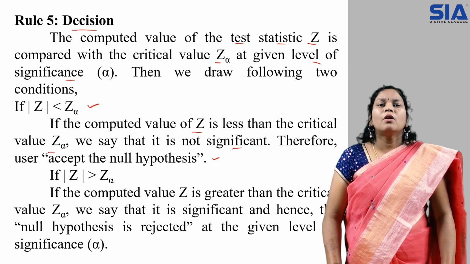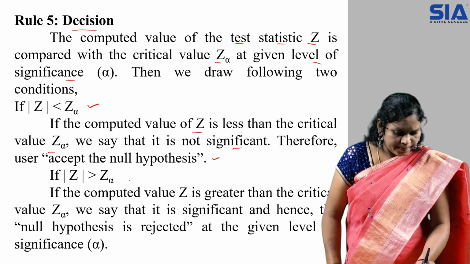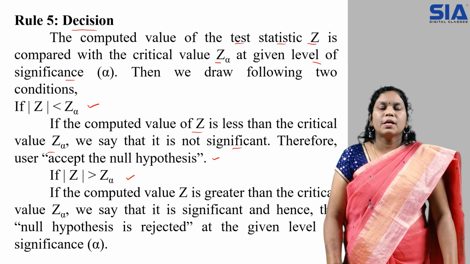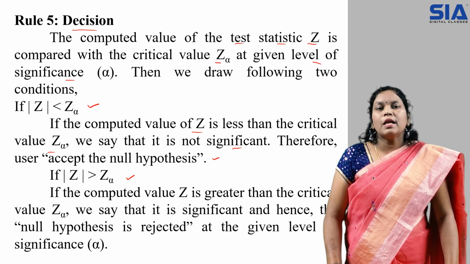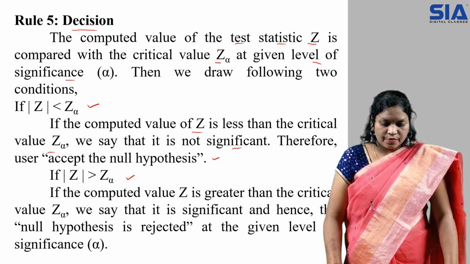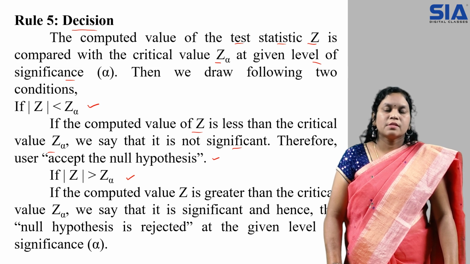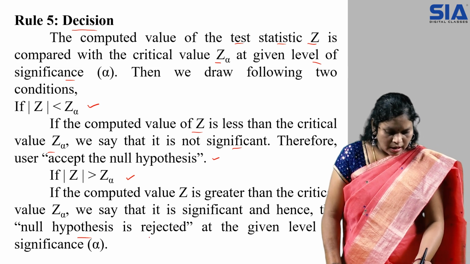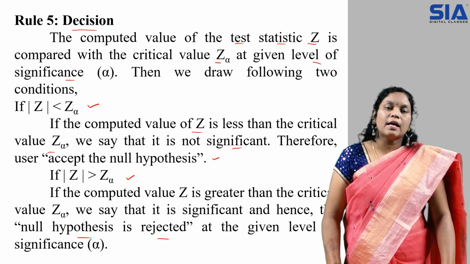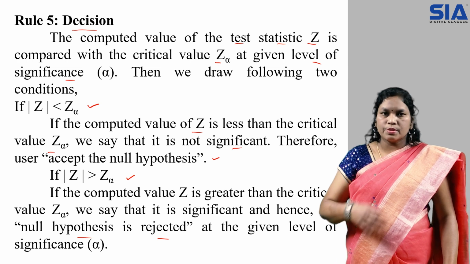In this way we'll give the conclusion. And if it is not less than, what happens? Let us check it out in the next step. If mod z is greater than z alpha, that is, if our calculated value from the test statistics is greater than the critical value, then we reject the null hypothesis. Rejecting the null hypothesis is nothing but accepting the alternative, isn't it? Null and alternative are opposite to each other.